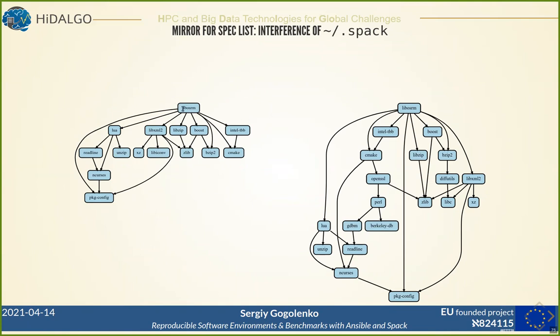The first one shows what dependency tree of packages will be created by Spack when we have CMake defined as an external package in the home folder of the user.